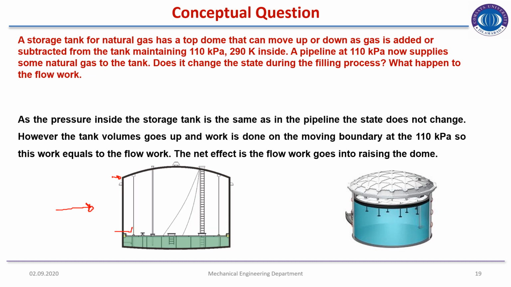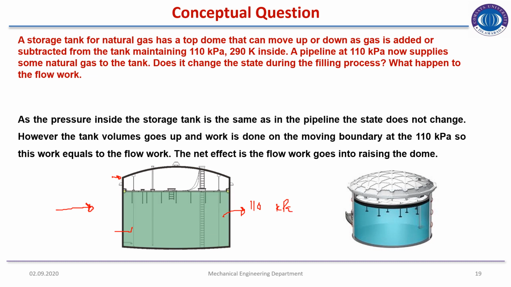A storage tank for natural gas has a top dome that can move up or down as the gas is added or subtracted from the tank, maintaining 110 kilopascal pressure and 290 Kelvin temperature inside.